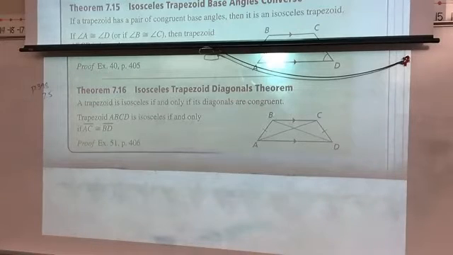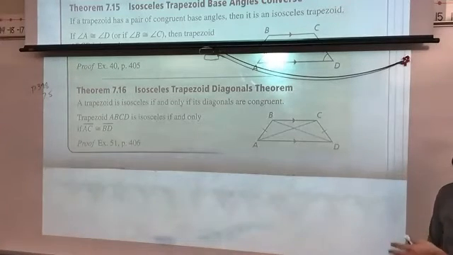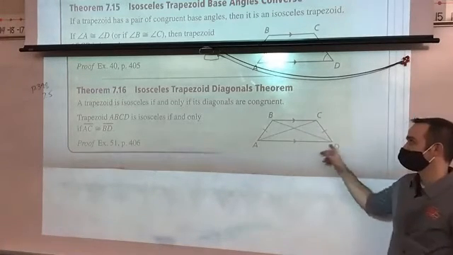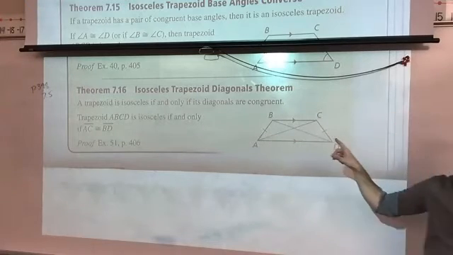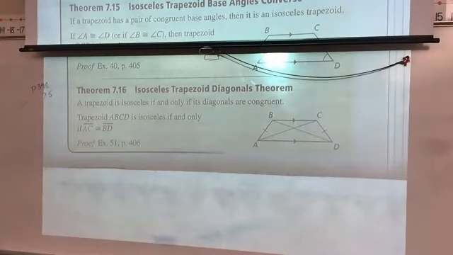Just like our rectangle theorem: if a parallelogram's diagonals are congruent, then it's a rectangle. Now we're talking about trapezoids, so if our trapezoid has congruent diagonals, that means it is isosceles. And vice versa. If it's isosceles, then I know the diagonals are going to be congruent.